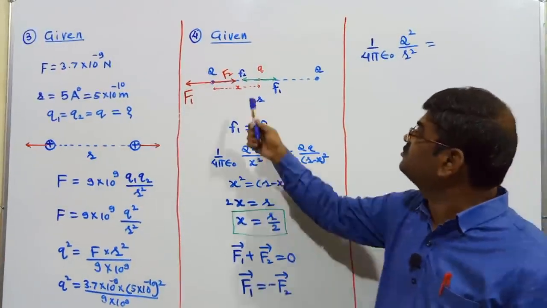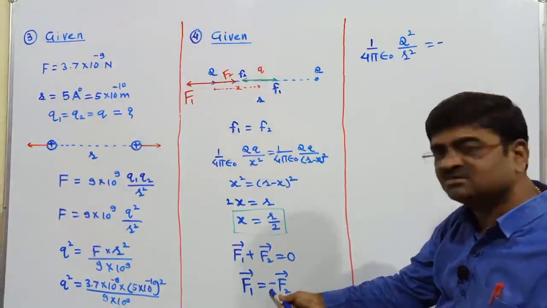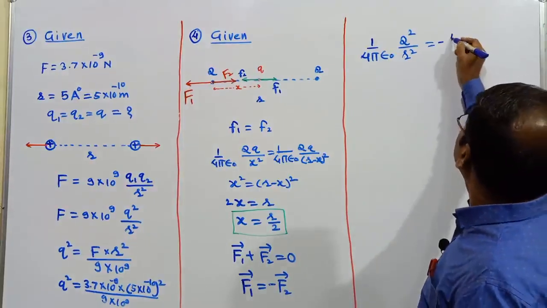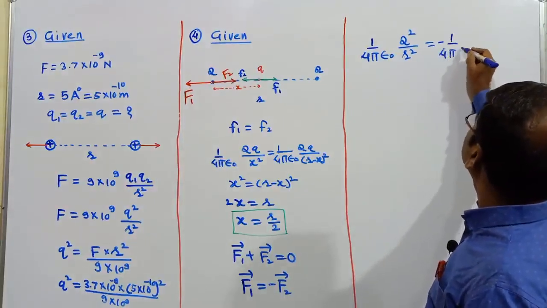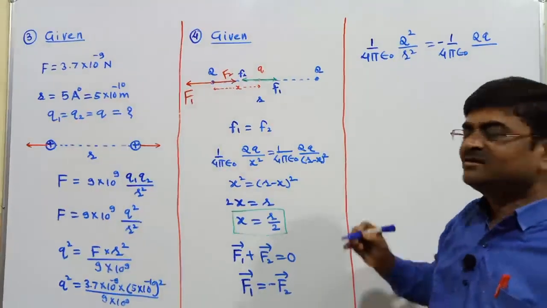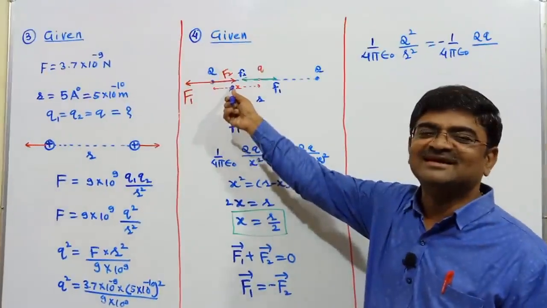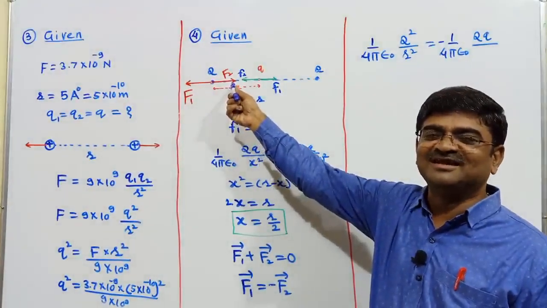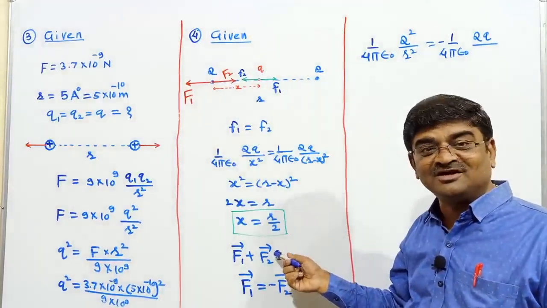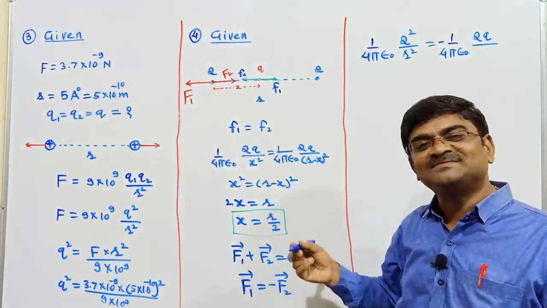Capital F2, the force between these two, that is minus, to say that they are oppositely directed. 1 upon 4 pi epsilon 0 q into q divided by x square. Already we have mentioned x is r by 2. We already know that the third charge has to be at the midpoint, and I will substitute that value.